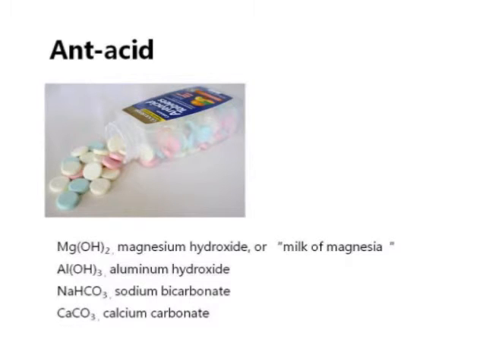Some of the most common bases that are used as antacids are magnesium hydroxide, aluminum hydroxide, sodium bicarbonate, and calcium bicarbonate. These chemicals are used because they are weak bases. Strong bases would lead to the risk of damaging the stomach if too much were taken. Bases neutralize acids by reacting with them to produce salts and water.